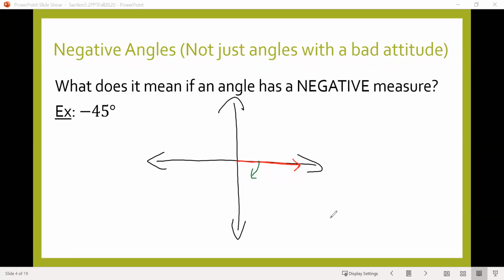Now, again, keeping in mind that each one of these little quarters of our full circle here is 90 degrees, and 45 is half of 90, I think our terminal side is going to be halfway through one of these quarters, so probably right about here. And again, it's going to be in that lower right-hand quadrant, rotating clockwise since the angle measure is negative. So this angle I've just drawn here has a measure of negative 45 degrees.